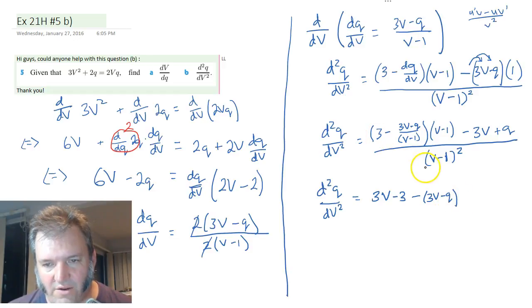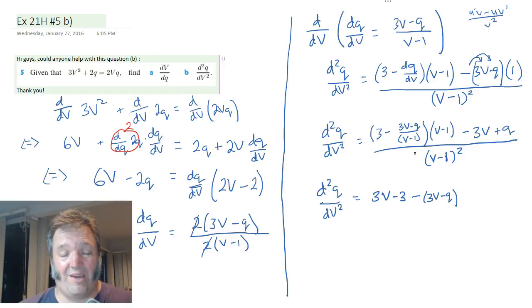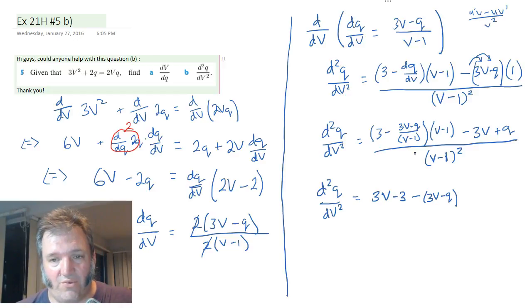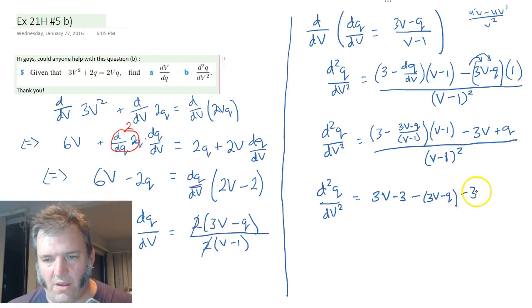I'm keeping that bracket around it because we're going to need to distribute that minus sign, and I have a feeling if I try to do it all at once it might not work. Some of us might get lost, so let's just see what I've done there. The 3 multiplied the v, the 3 over here multiplied the v take 1, that was okay. Then the second term, the v minus 1's cancelled. I've just got negative. Because there's a vinculum underneath that numerator, it's all grouped together, so I keep brackets around it. I've got the rest of this, minus 3v plus q. And this is all over v take 1 squared.